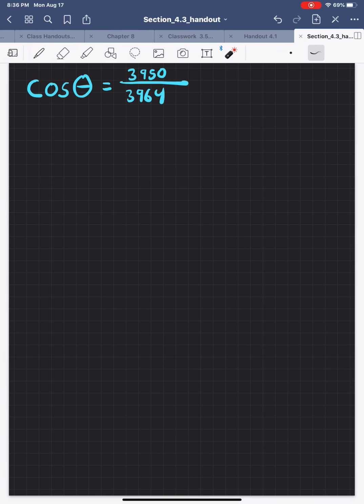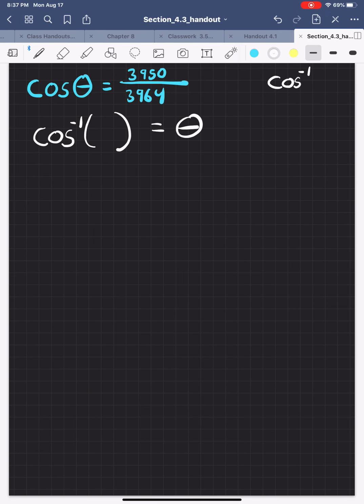Okay. Do you remember what we do if we're trying to find theta? Right. We want to make use of cosine inverse. That's how you find angles. So here we go. Cosine inverse is how we get our theta. Now, I'm just going to assume that you still have your calculator in degrees, right?